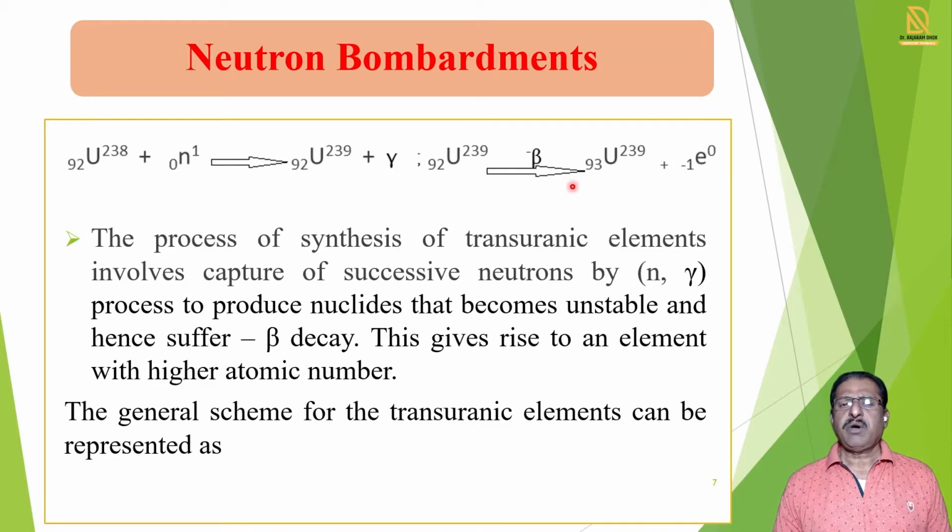So a beta particle is equivalent to an electron. You know the electron has one charge, that is the minus charge, and it does not have any mass. So we write the electron in this way, electron minus 1 0. So when one beta particle or one electron is eliminated, then the atomic number increases by 1.